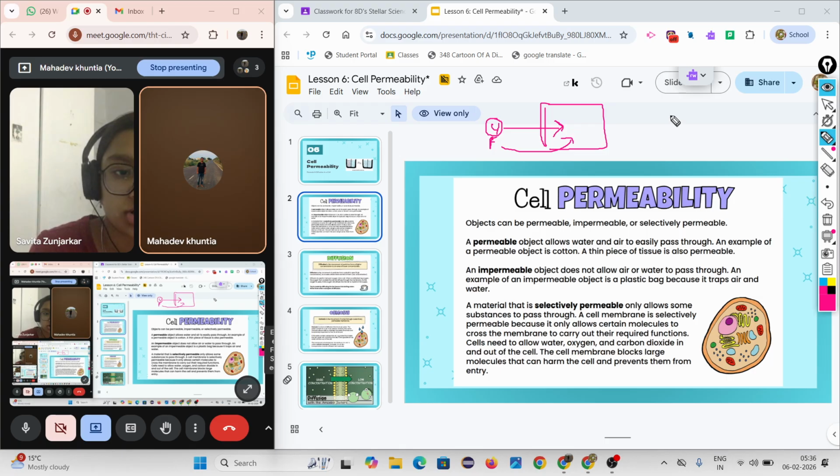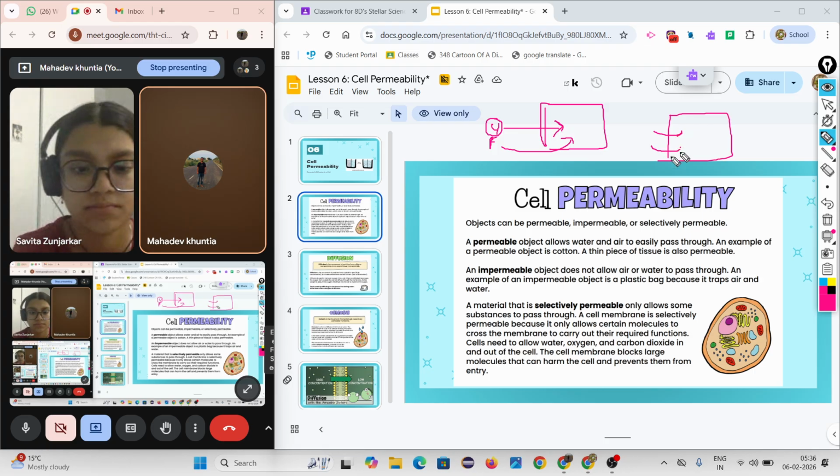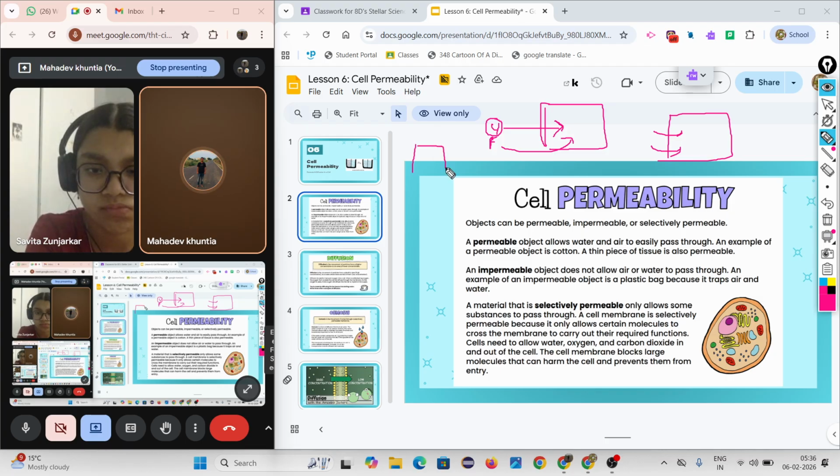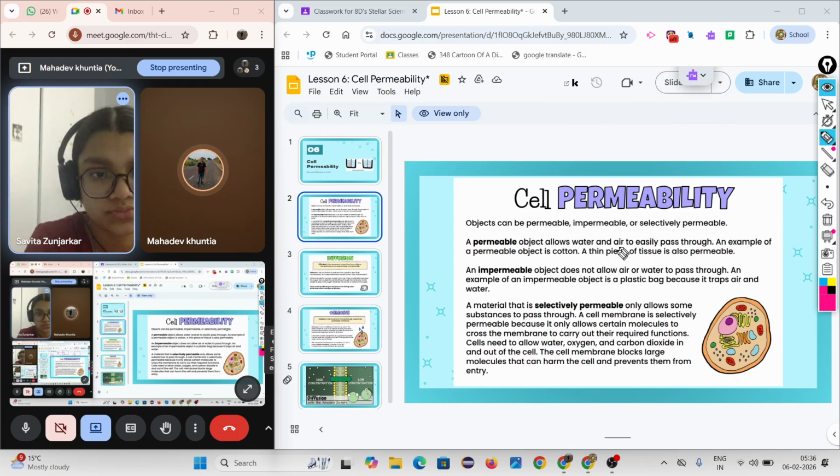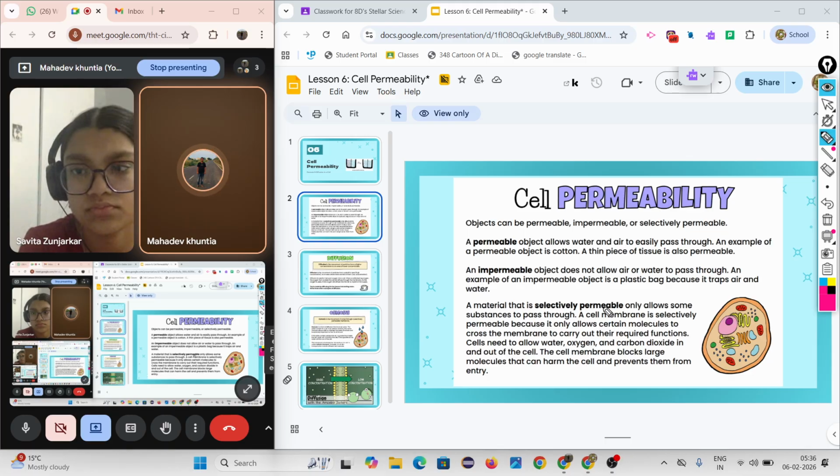Yes. But a movie theater is open for everyone, na? Yes. If you go to watch Parliament, it is open for selected persons, na? Yes. So can I say selectively permeable means only allowing some substances to pass through it?